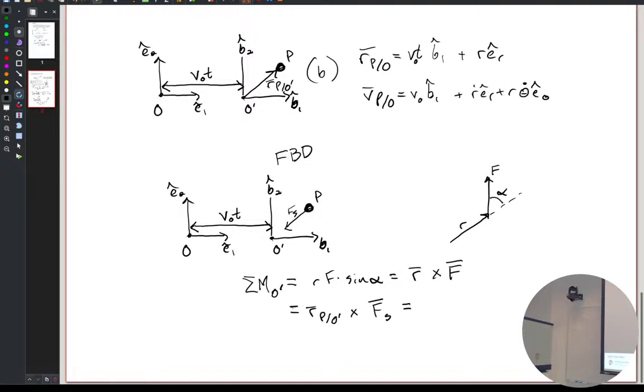Those are relative positions, P prime. So that would be that first term, and then cross the part that defines the force of the spring. Okay, we'll be piecing together this part.